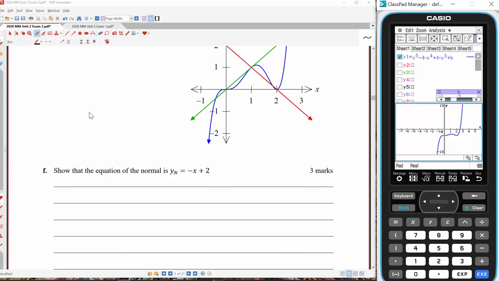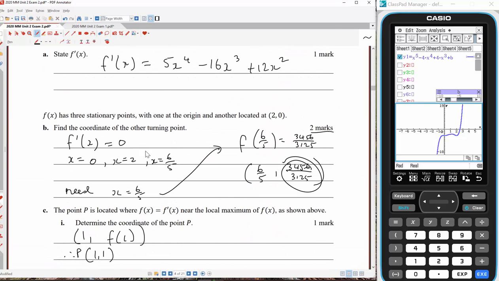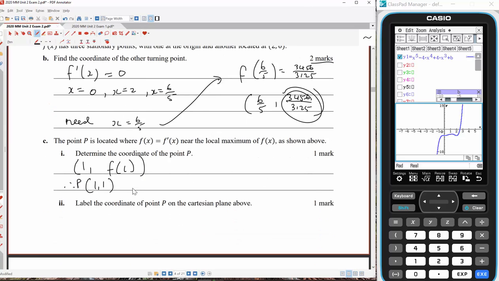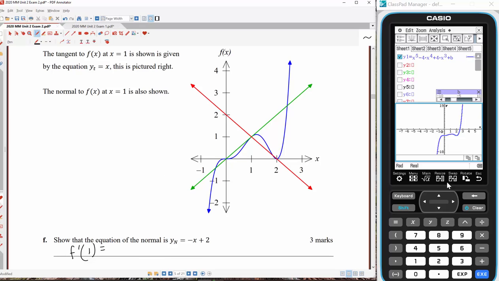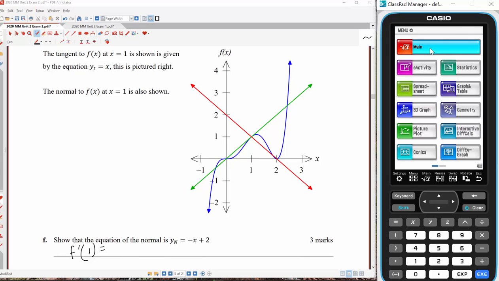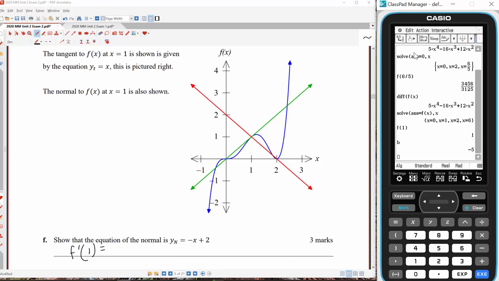Okay, so what we'll do is we've got f dash x, and we want to do f dash 1. We want to find out what the gradient is at x equals 1. So what we're going to do is pop that into f dash x. So f dash 1 is equal to, so let's go back into main. Now note the thing about parameters is when you use them, that b value will be hard coded in there.